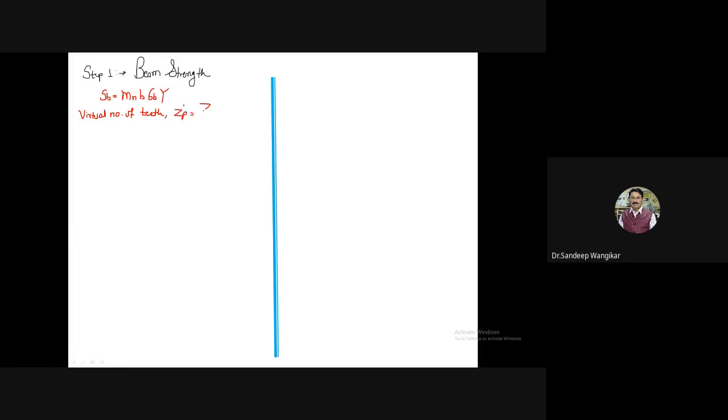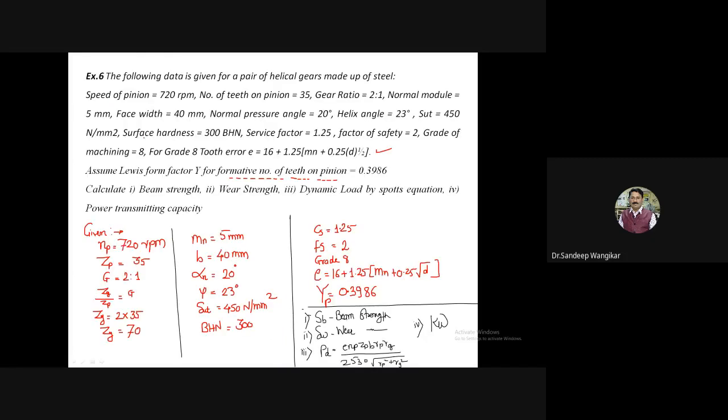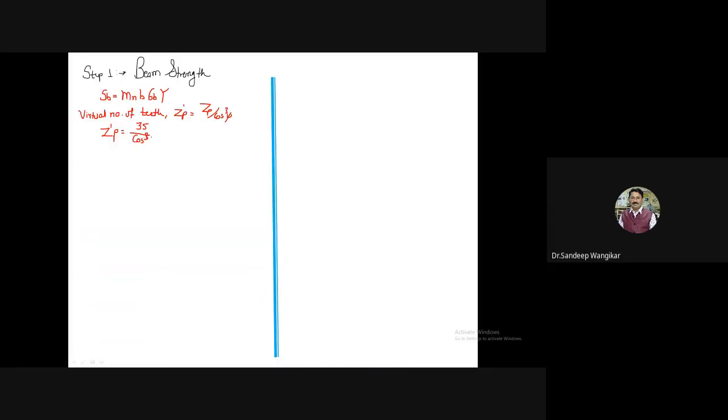Z dash P is equal to ZP divided by cos cube of psi. As both the gears and pinion are made up of the same material, pinion is weaker than the gear. So Z dash P is equal to 35 divided by cos cube of 23 degree angle.